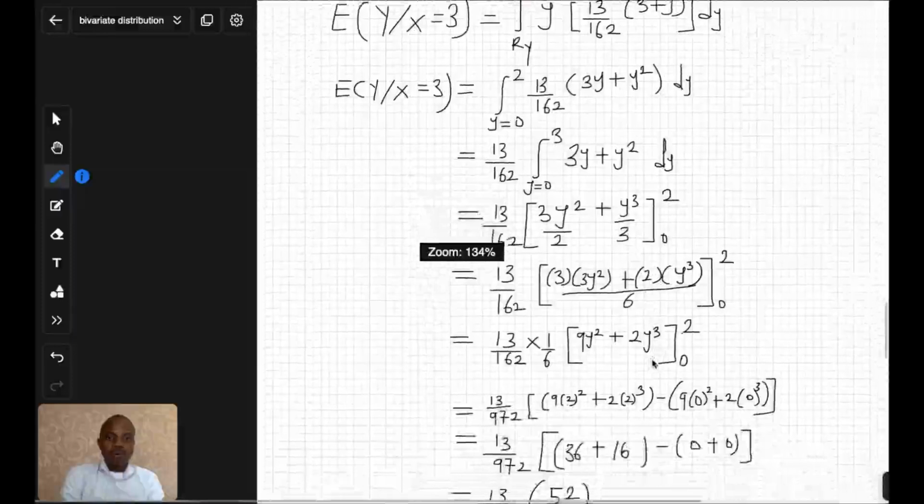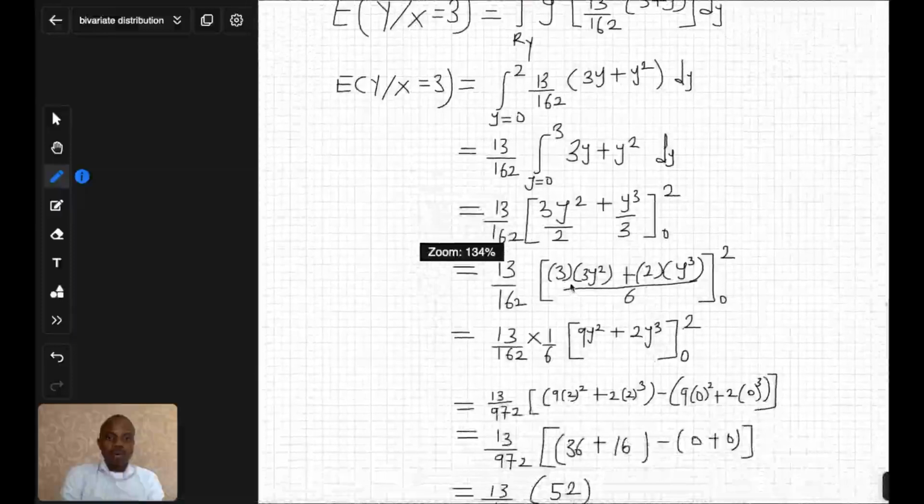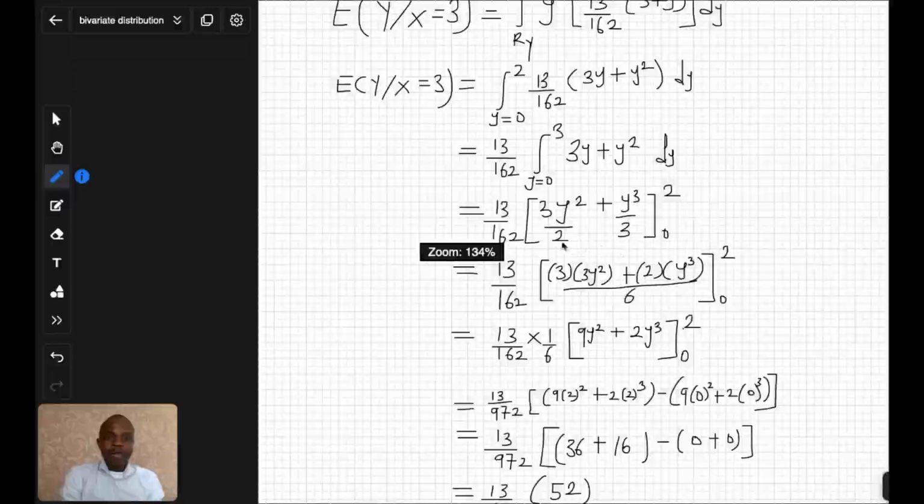Then we go on, and the LCM of 2 and 3 will be 6. Then you divide 6 by 2, you are going to get 3 multiplied by this 3y raised to the power of 2, that's why you have this here. And then 6 divided by 3, you get 2. And then when you bring that 2 here, you multiply it by y raised to the power of 3.